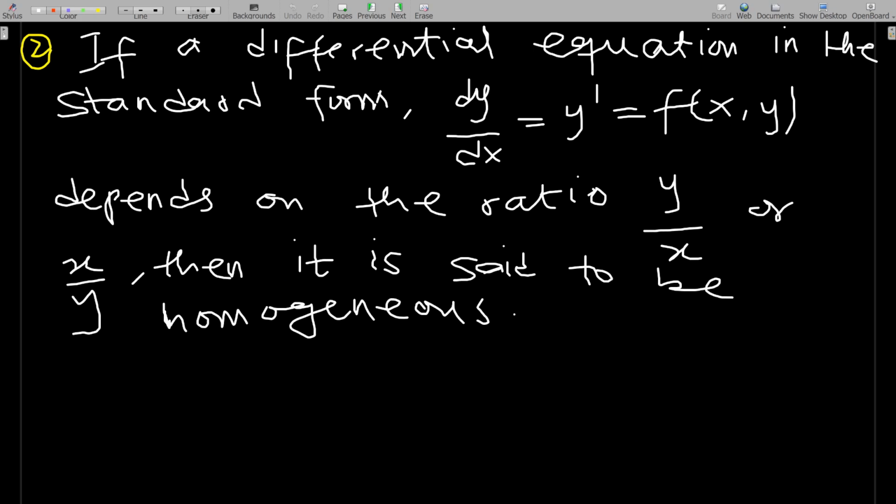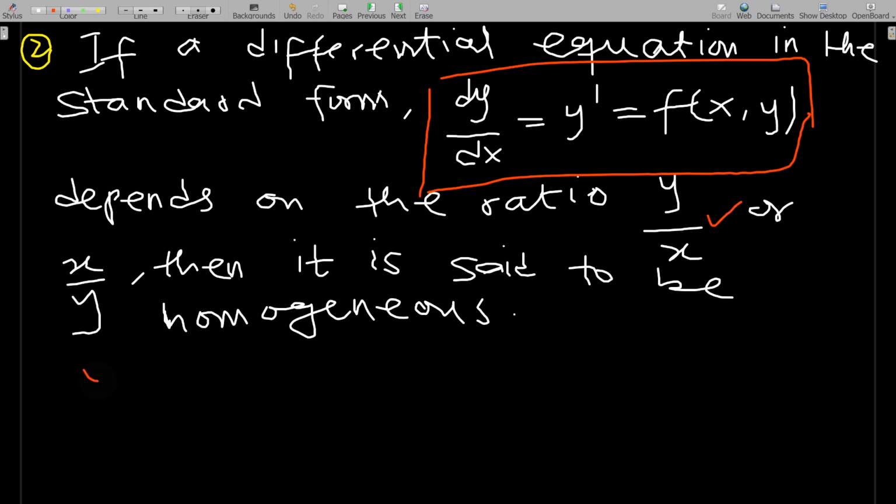So the second point is if the differential equation is in the standard form, the standard form of writing the first order differential equation. If y prime, that is dy/dx, is equal to f of xy, and this f of xy depends on the ratio y over x or x over y, then the first order differential equation is said to be homogeneous.